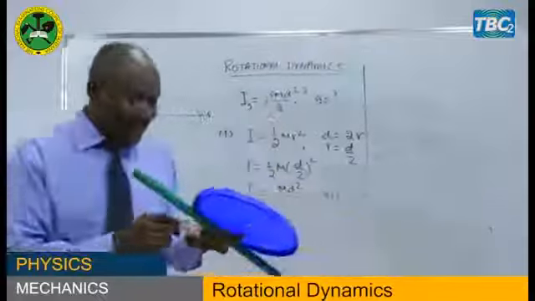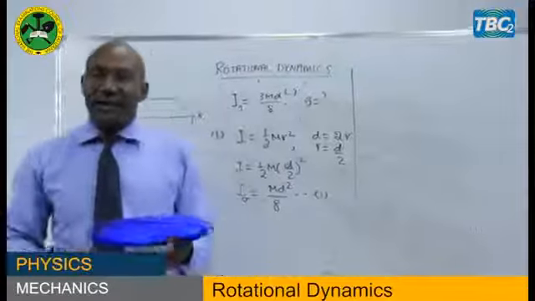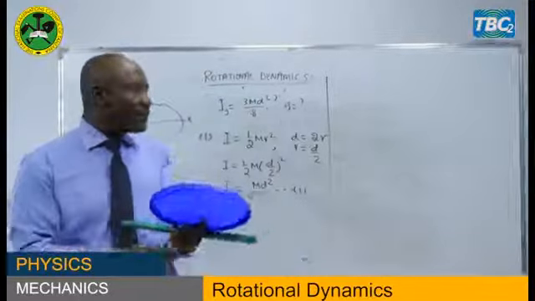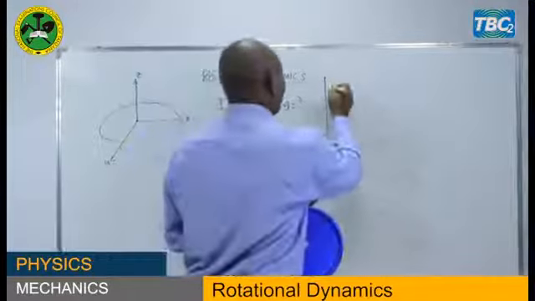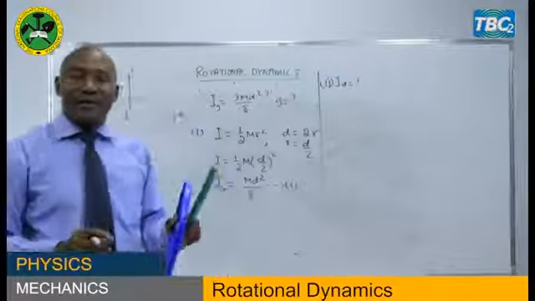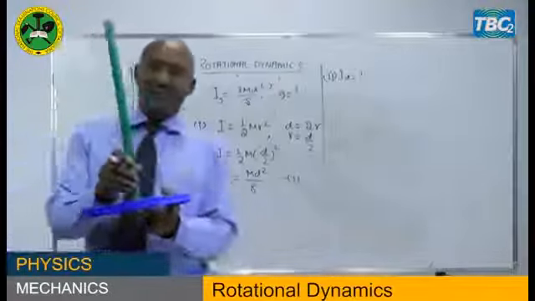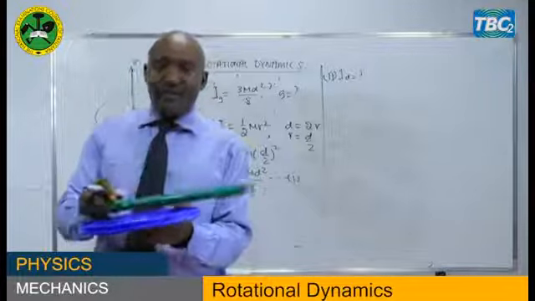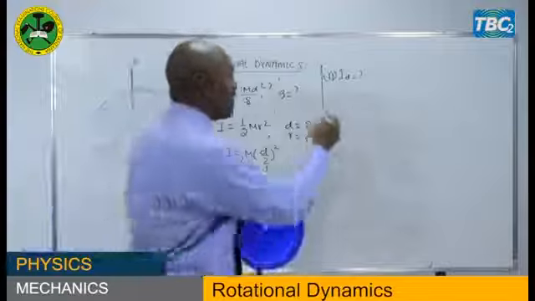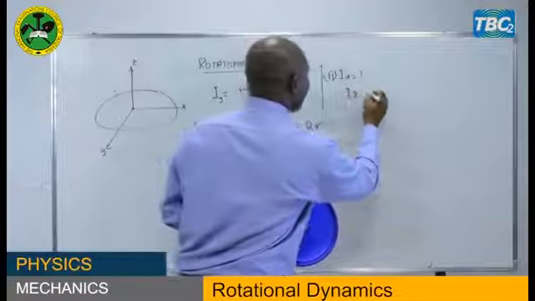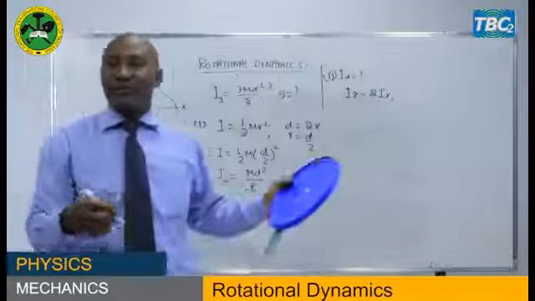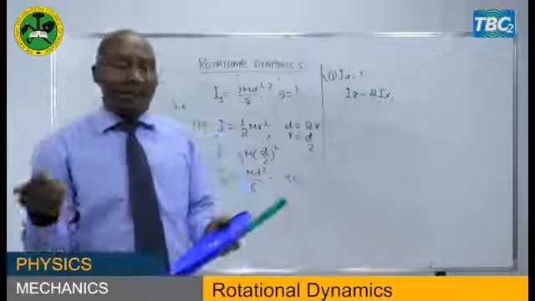If it's not passing through the center, is it passing through the diameter? Let's check. Case number 2, maybe through the diameter. If you know the moment of inertia about the center, you can find the moment of inertia about the diameter. As we did before, Iz equals 2Ix, where x stands for the moment of inertia about the diameter.